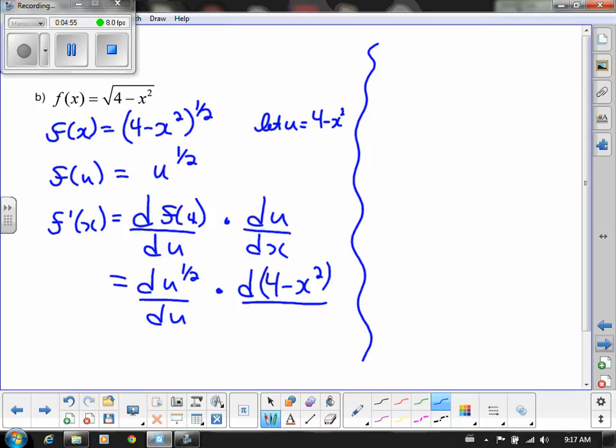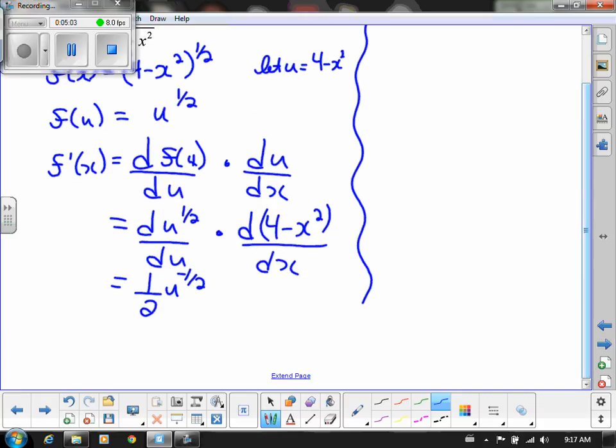So this here is going to become 1/2 u to the negative half multiplied by the derivative of this bracket right here, which is going to be minus 2x. Again, we don't like having u and we don't like having negative exponents.